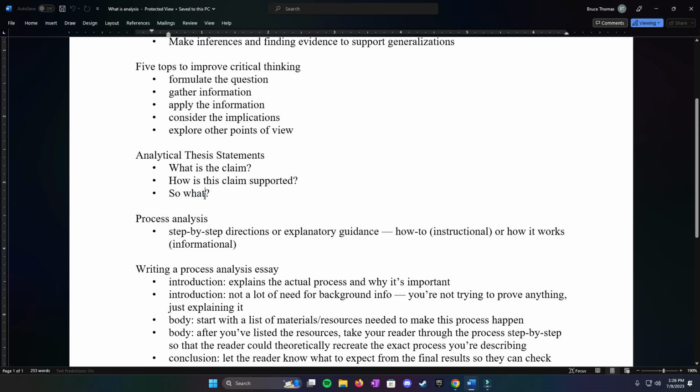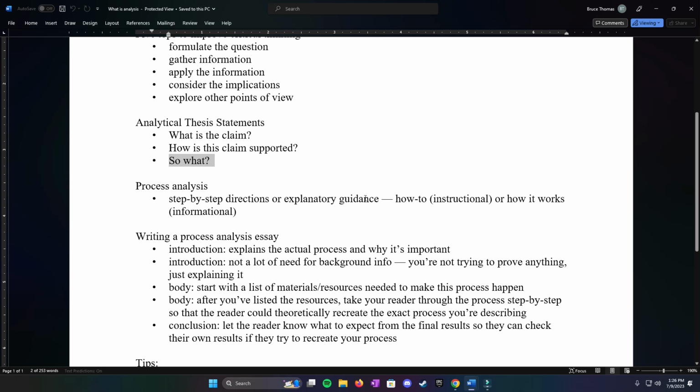So you can also have how this claim is supported, but I'm less concerned with that and more with what are you trying to tell me and why do I want to know? You are either describing step-by-step directions on how to do something, which is called an instructional process analysis, or you are doing step-by-step explanatory guidance and telling me how something works.